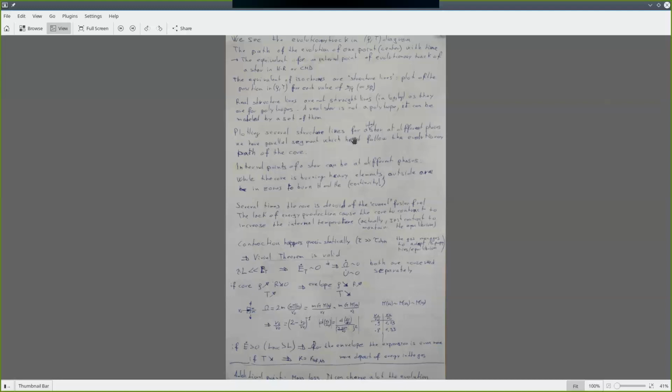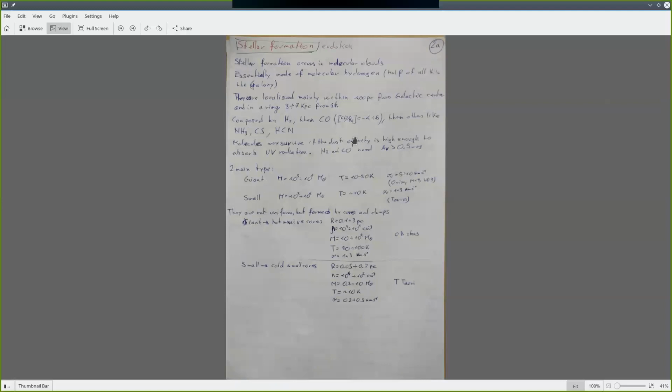Now we'll start to see, in general, the evolution of the stars and the movement on the HR diagram.